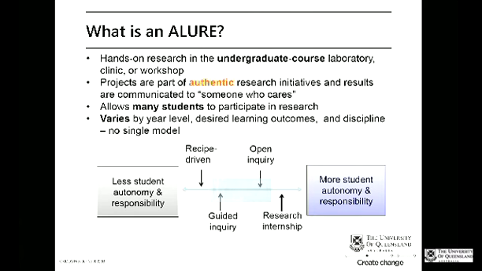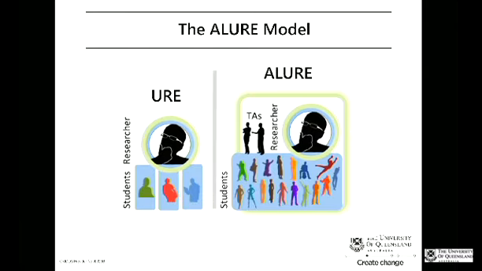So there are various different ways that we can think about undergraduate research. We can think about a lab or a workshop or an investigation as really recipe-driven. We can then go into guided inquiry, open inquiry, and then your research internship in your professional research labs. And ALURE actually sits across quite a spectrum of this. It's basically anything with different levels of scaffolding depending on which students are doing it, where the students are doing real research.